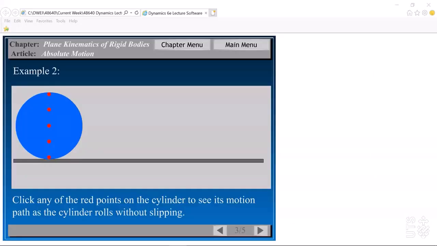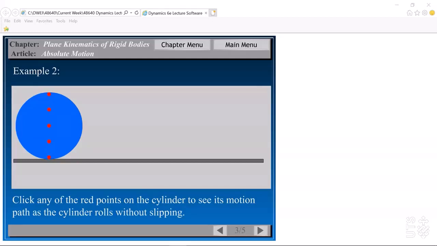In the first part, we already know, for a rolling problem, if no slipping occurs, then rolling is a general plane motion. Both translation and rotation about a fixed axis are involved.